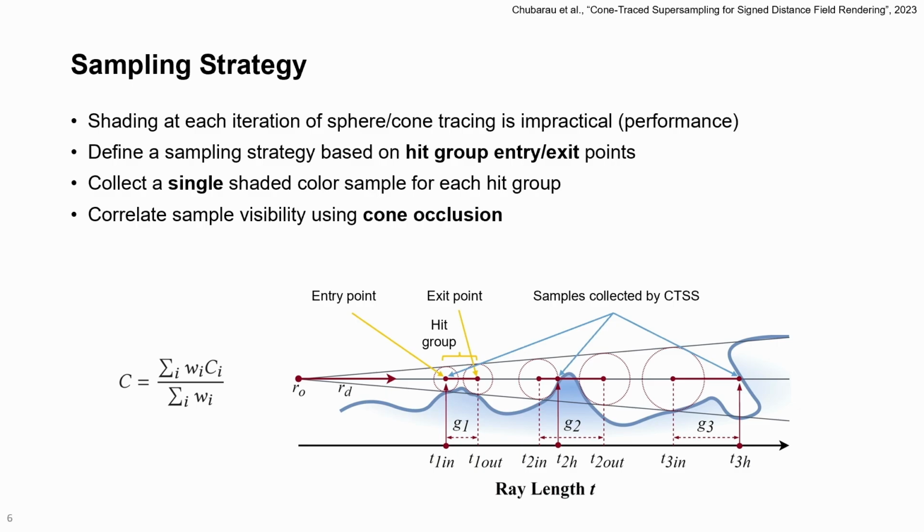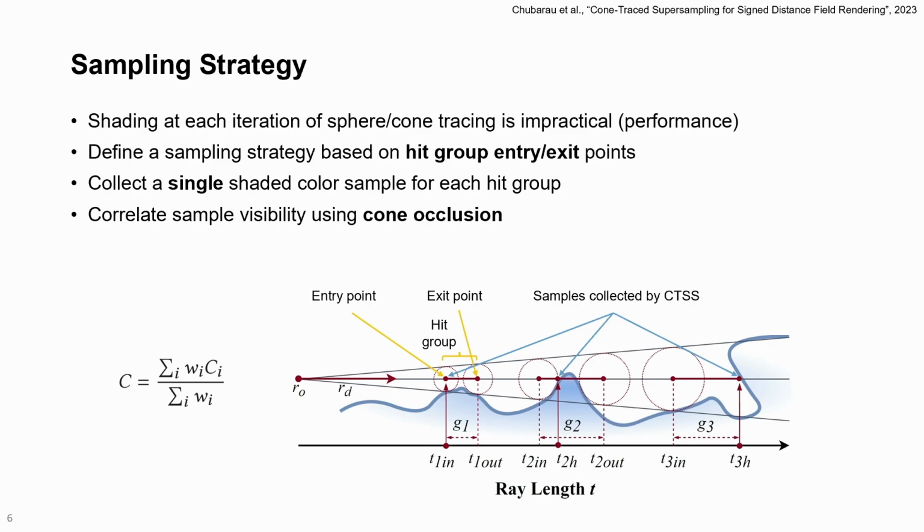For example, on this figure here, there are three. The surface is the blue blob on the bottom, and here we have three hit groups where the cone intersects with the surface. Each of these groups is identified by the hit entry and the hit exit points along the traced ray.